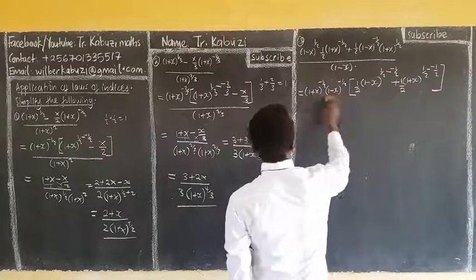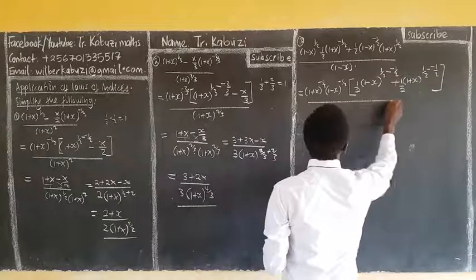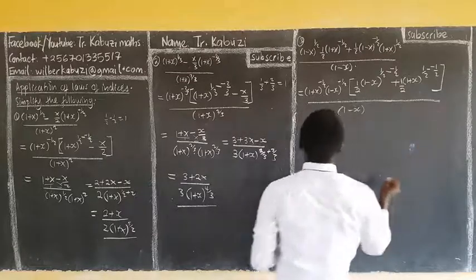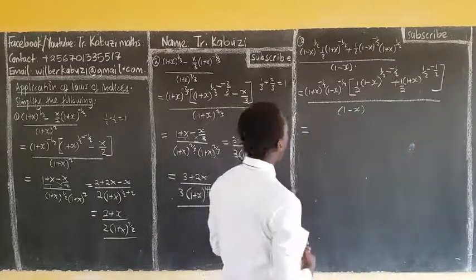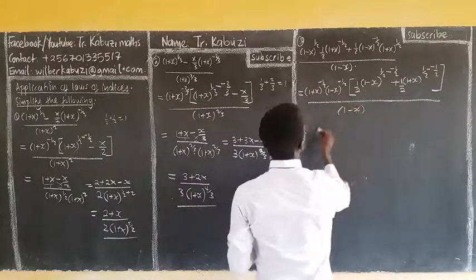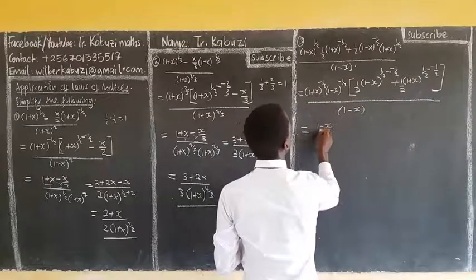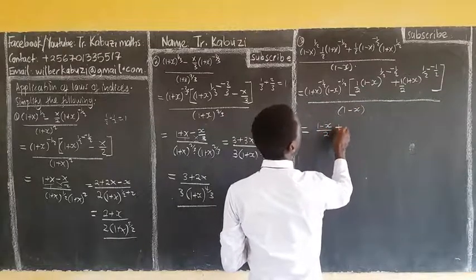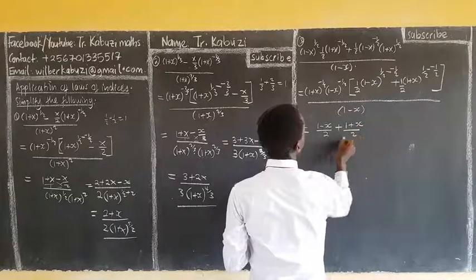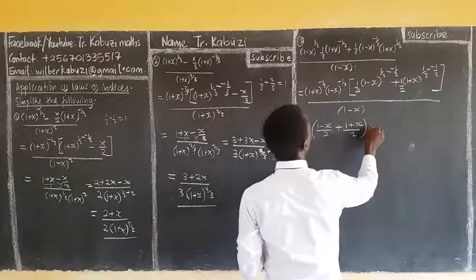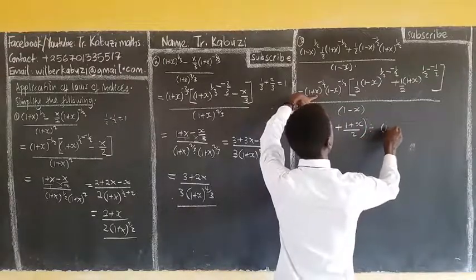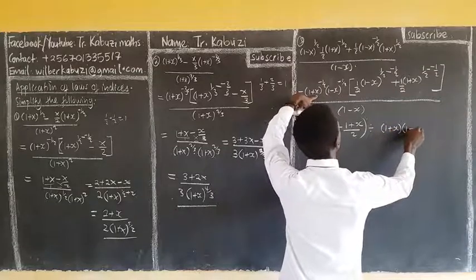The whole thing, remember, we are dividing with 1 minus x. I'm dividing with 1 minus x. So, if we simplify, let me take these ones down. I'll be having here 1 minus x over 2, then plus 1 plus x, the whole over 2, then the whole of this, I'm dividing with 1 plus x, then 1 minus x.